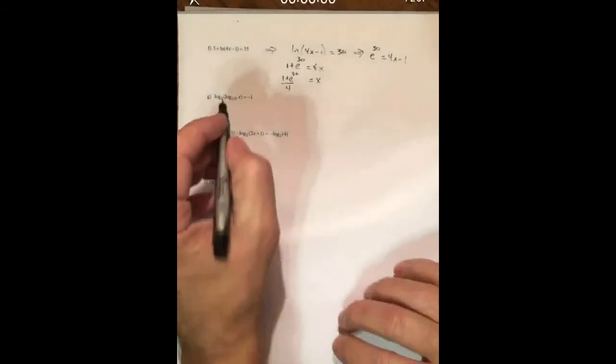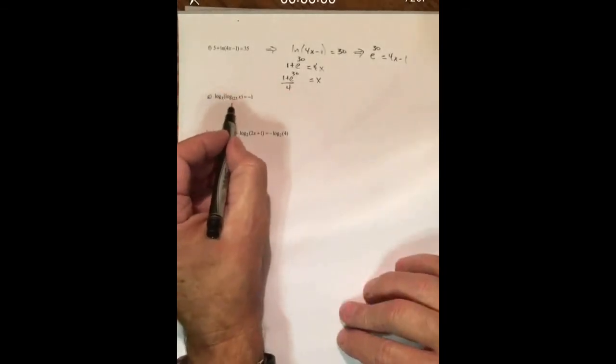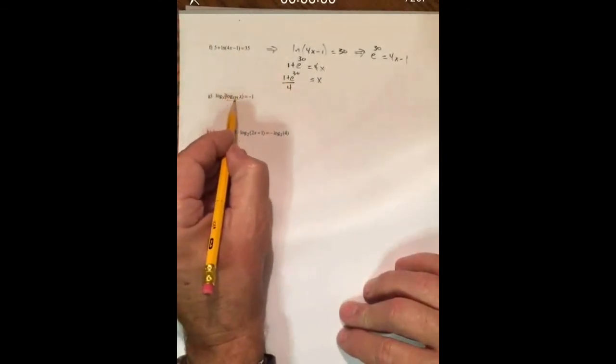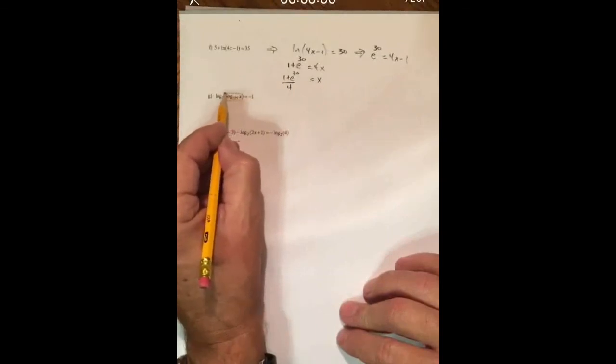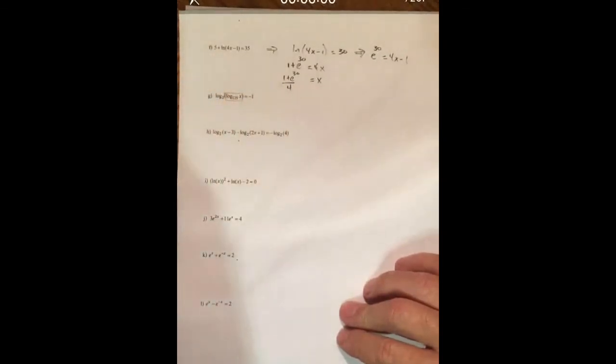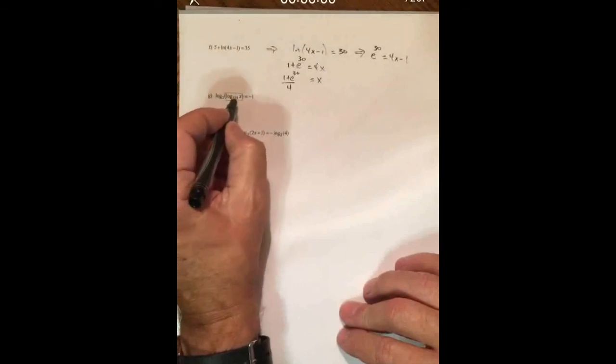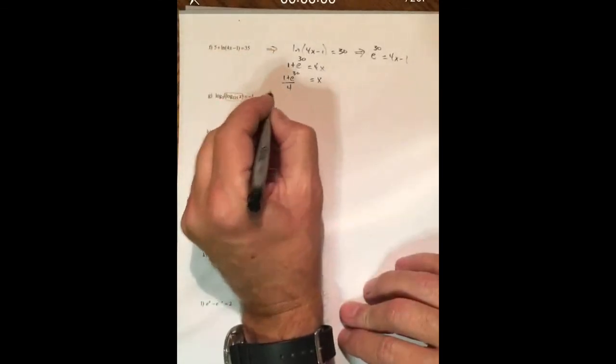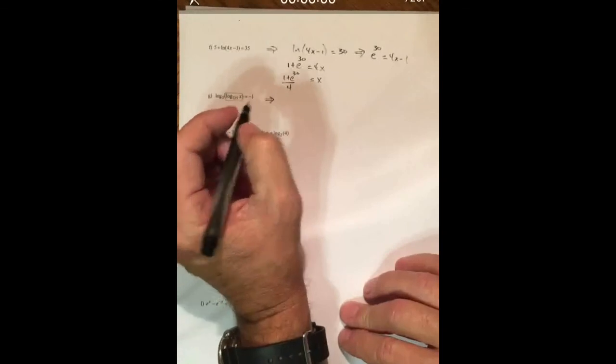Okay, now g looks kind of interesting, doesn't it? What do you do here? Well, just think of this as something. So you got the log base 3 of something equals minus 1. Write the equivalent exponential.